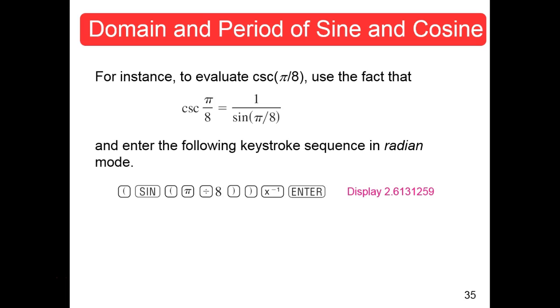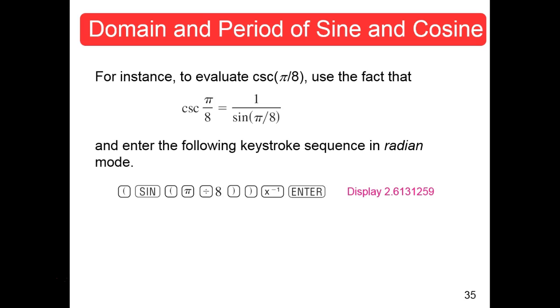So here's how they suggest you do it. If your phone has a different syntax, do it your way. They start with a parenthesis. I think that is unnecessary, but the way they're doing it, it would be necessary. Then you do sine. That automatically, most of the time, will open the second parenthesis for you.